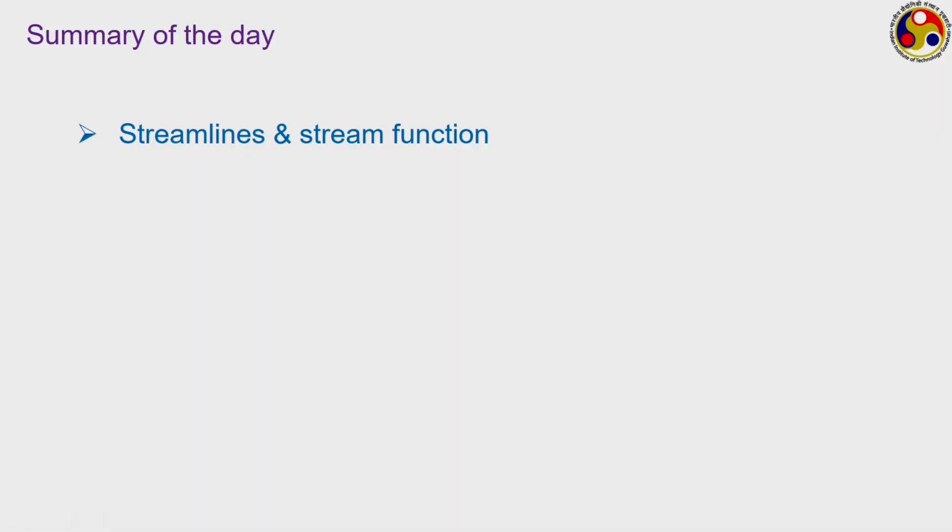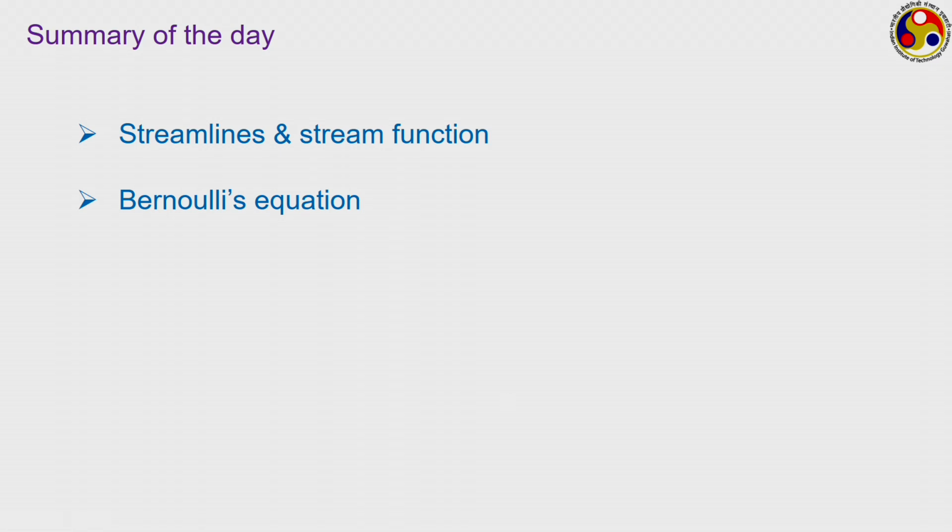Today we have discussed some initial concepts of fluid mechanics, particularly the streamlines and stream function, because those are required. Actually, the discussion of these orifice meters is all based upon the concept of streamlines and stream functions, because here we are applying Bernoulli's equation, and Bernoulli's equation which we have derived today is based upon integrating along a streamline.